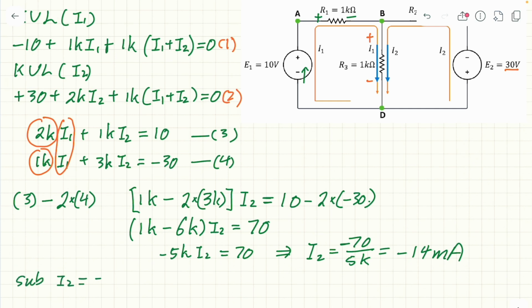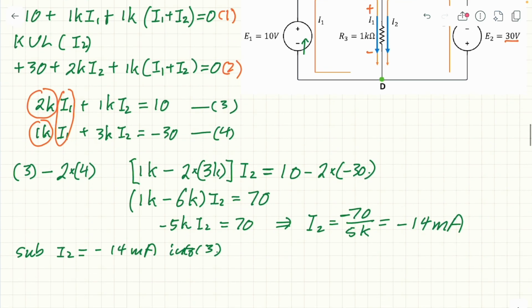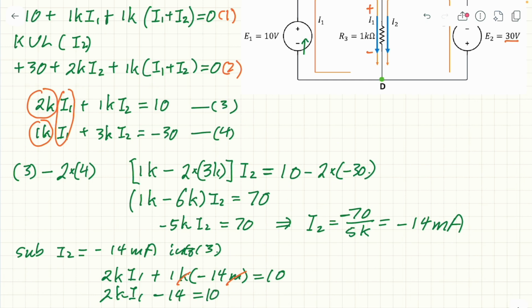Now, if we substitute I2 equal to minus 14 milliamp into equation 3, you get 2K I1 plus 1K times minus 14M equal to 10. Again, K and M become 1, so 2K I1 minus 14 equal to 10.